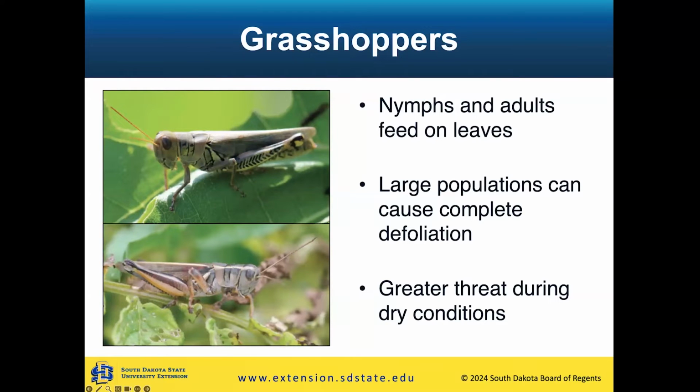So they are a bigger threat when you have drought conditions. Sometimes they'll start out in the road ditches or more in pastures, and then they'll move into your alfalfa fields and then other crops once things start to dry down and they're looking for any type of green vegetation.